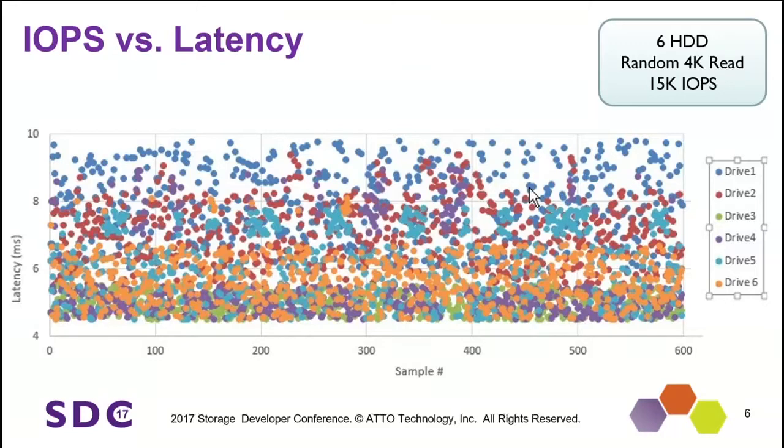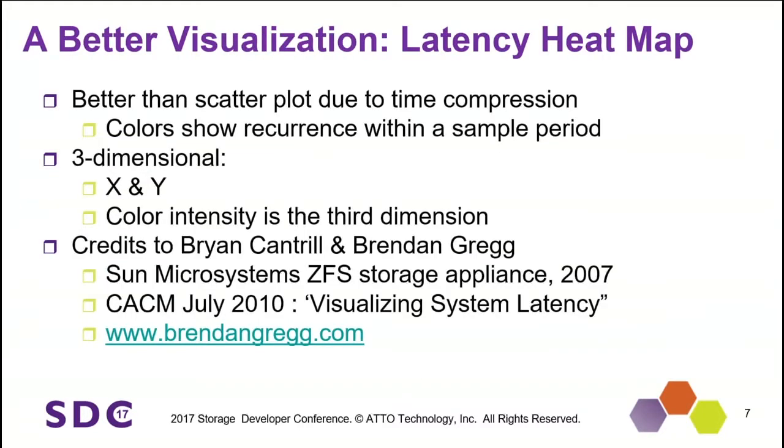So what we ended up doing is there are these guys, Bryan Cantrill and Brendan Gregg, who were working at Sun Microsystems on ZFS, and they put together a way of visualizing some of this stuff called a heat map. We were very interested in that. I saw it in the Communications of the ACM and passed it on to one of our guys.